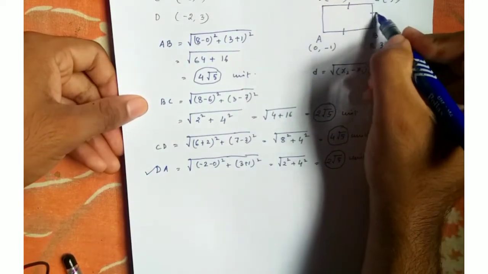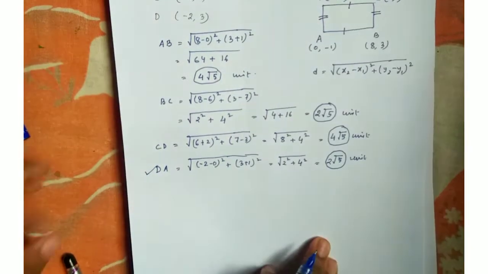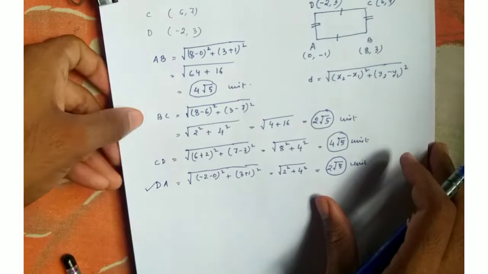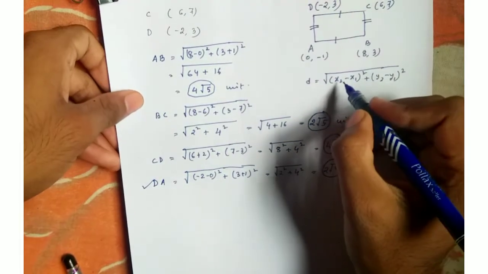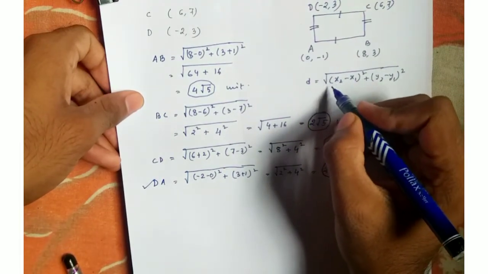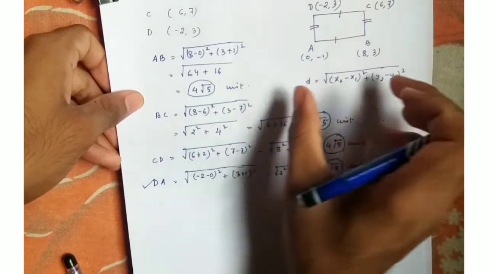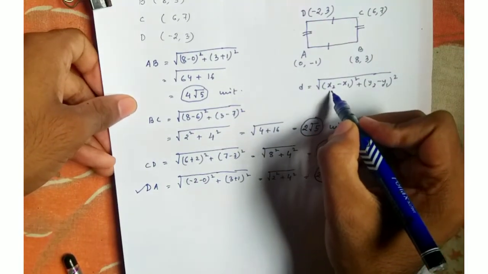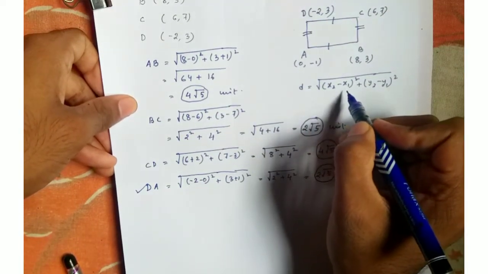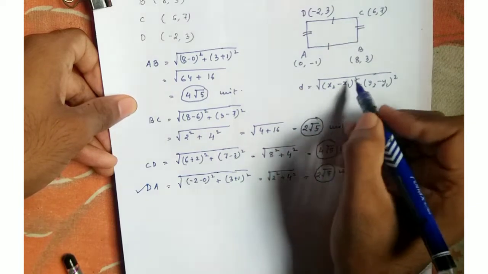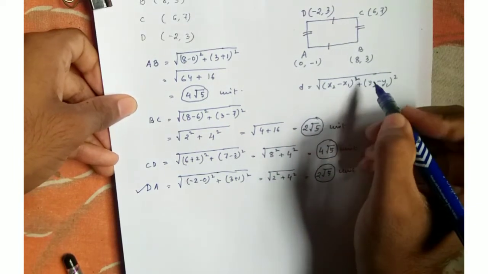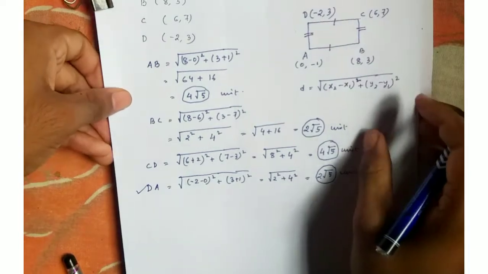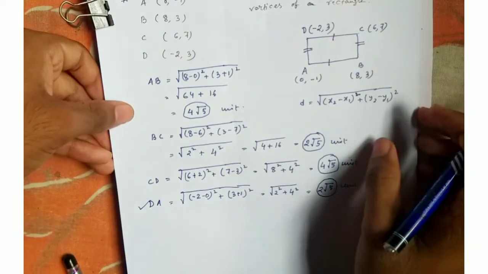Then these two are equal. I want to include one thing: while finding the distance, if we take x2 minus x1 or x1 minus x2, it will not hamper because there is a square, so don't think about it very much.